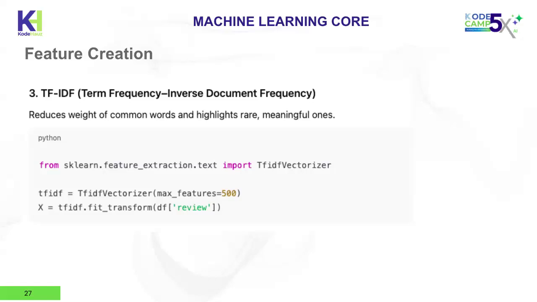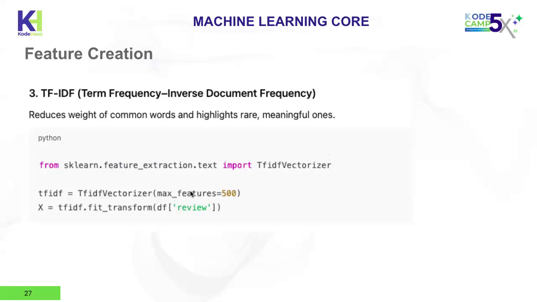So you would typically reduce the weight of those words, while for the actual words that carry meaning, you would say, let's increase the weighting of those ones. So that's what TF and IDF does.